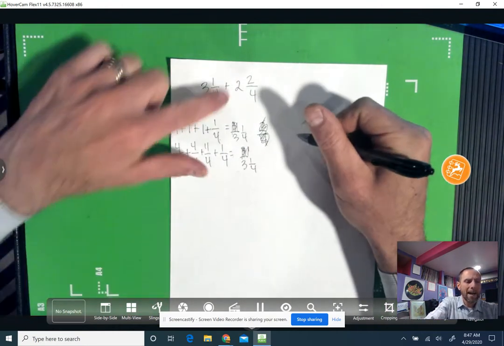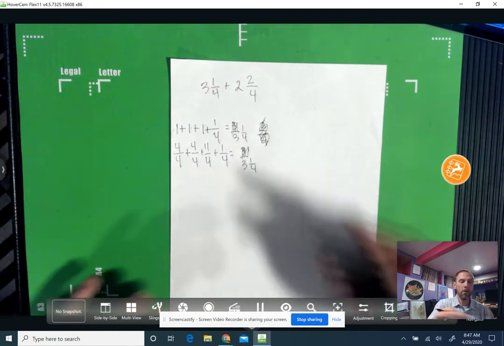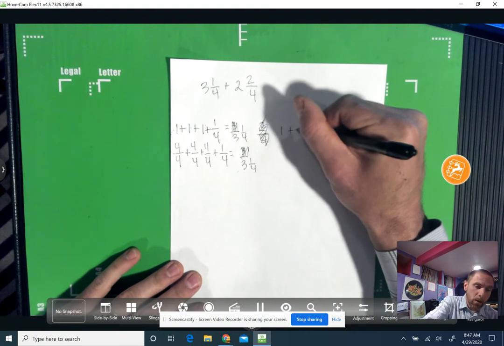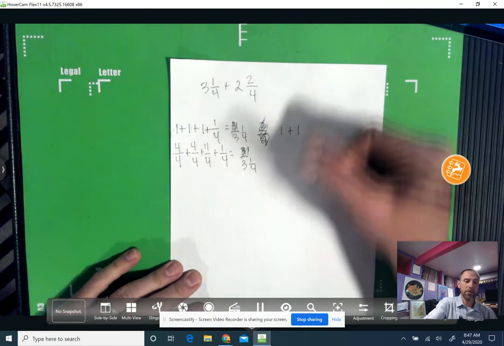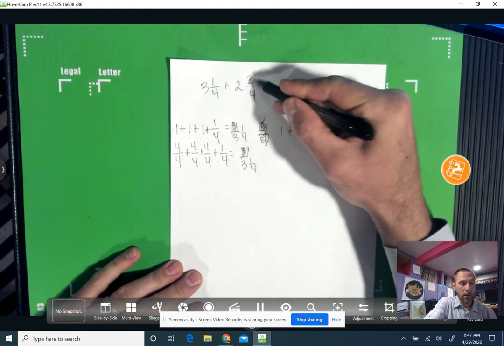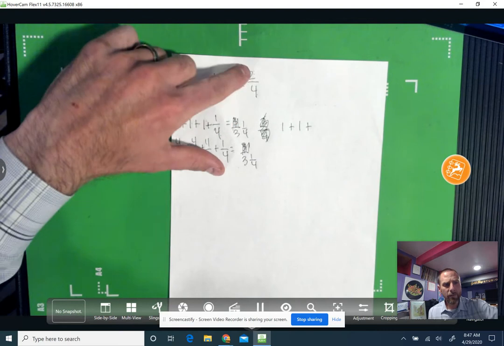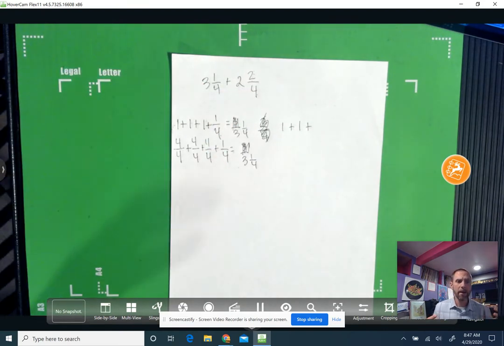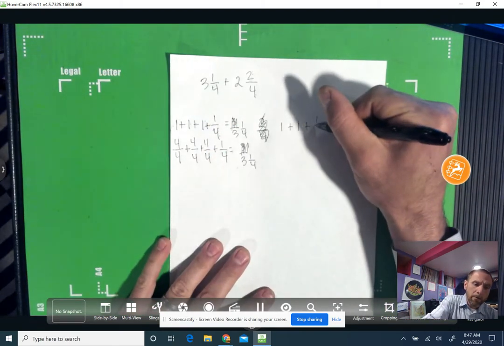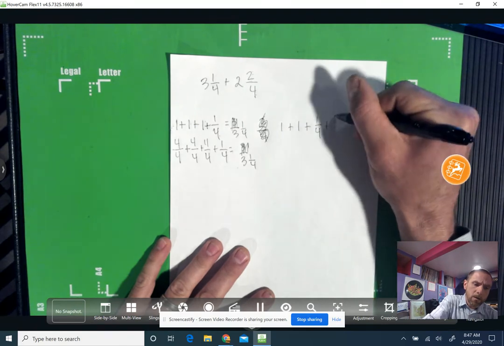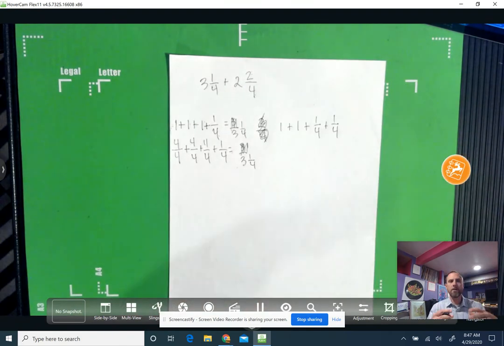Now we have this 2 2/4. How did we make the 2? Well, 1 plus 1 is our 2, plus our 2/4. But because 2/4 is not a unit fraction, how many fourths did we have to add together to make 2/4? Well, 1/4 plus 1/4. What we are doing is decomposing this mixed number.